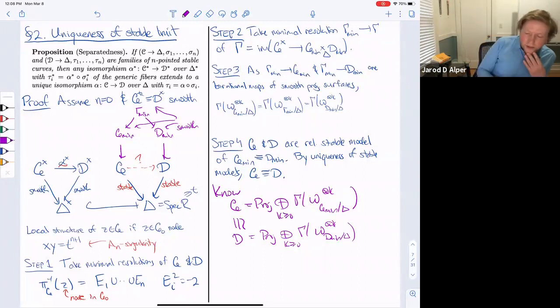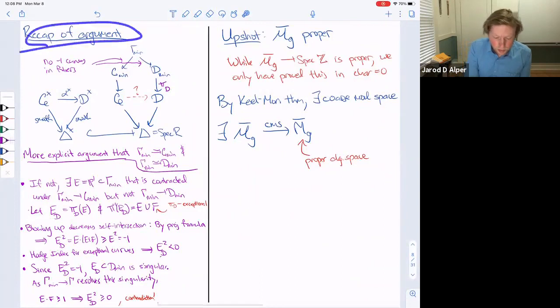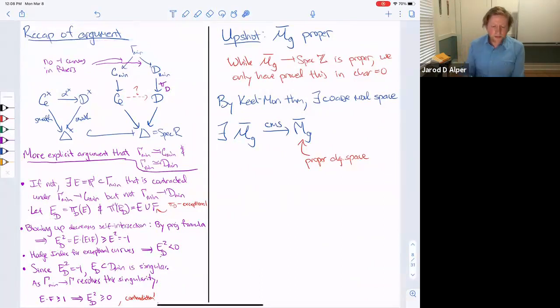That's the desired conclusion that we've extended the isomorphism. Let me explain, since this is also the argument that works for separatedness of moduli varieties in higher dimensions. But in the case of surfaces, one can make this argument even more explicit. I'm not going to go through the full details, but let me recap.